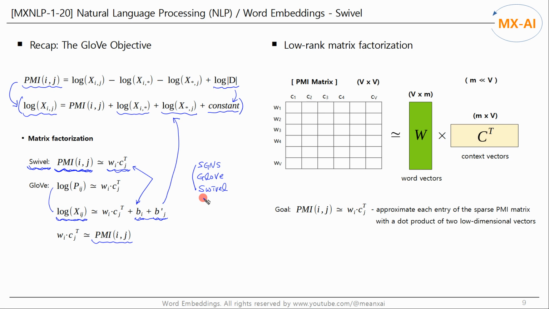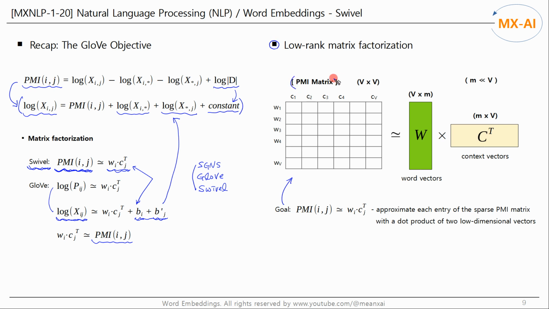Now that we've seen why PMI is the target, the next question is, how can we represent an enormous PMI matrix using compact word embeddings? The answer is low-rank matrix factorization. Our goal is illustrated in the figure shown here.